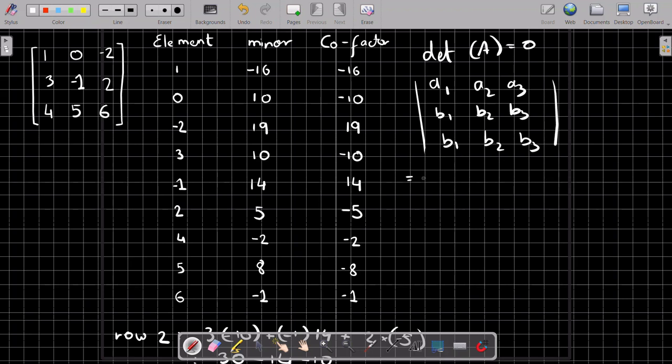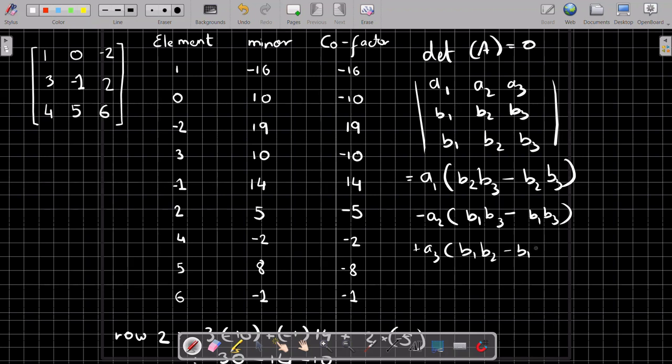Right? So now let's expand it along row 1. A1 into the cofactor of row 1, which will be B2 B3 minus B2 B3, minus A2 into B1 B3 minus B1 B3, plus A3 into B1 B2 minus B1 B2.